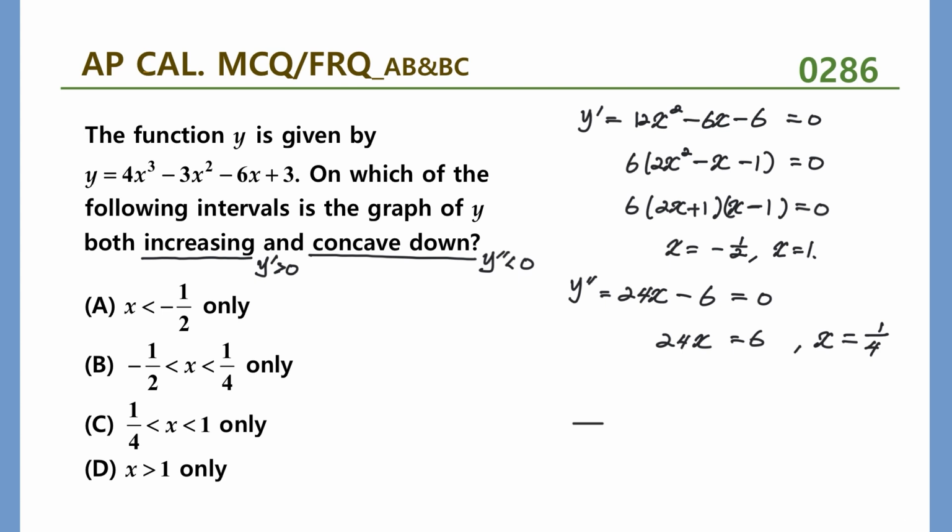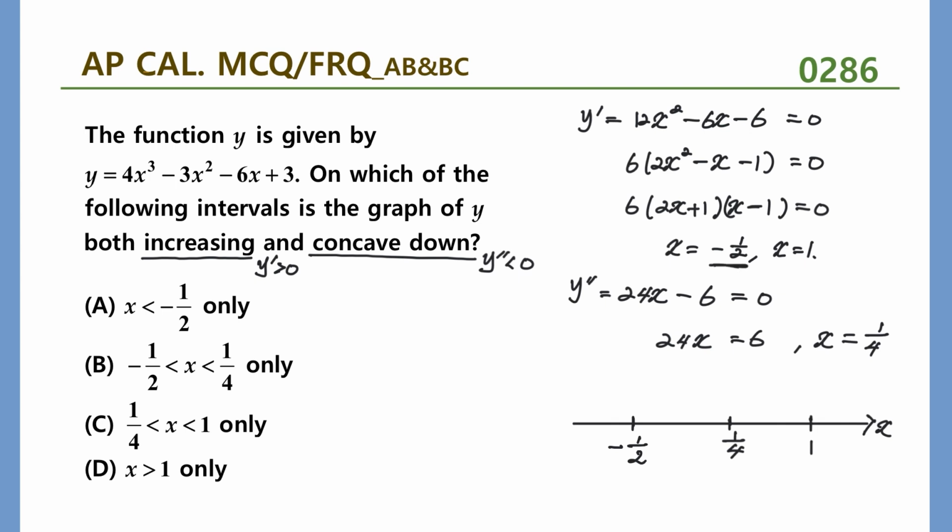So let's draw the line here. This is the number line x. Here we have negative 1/2, positive 1/4, and positive 1, right? So we write negative 1/2, 1/4, and 1 here.